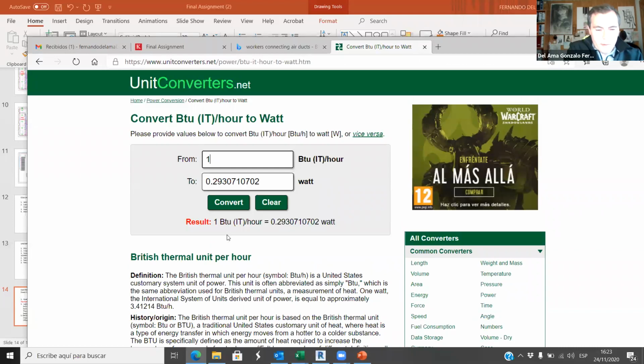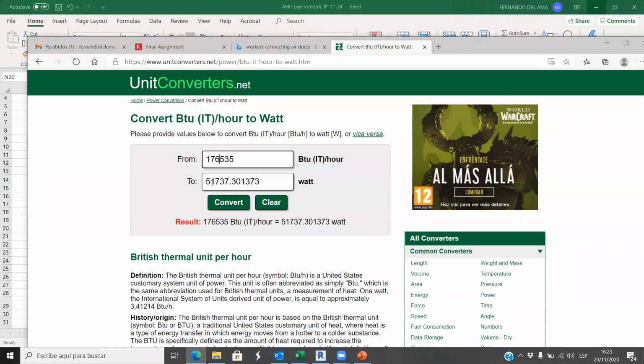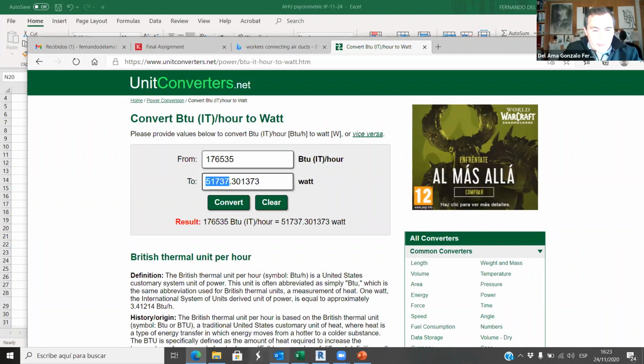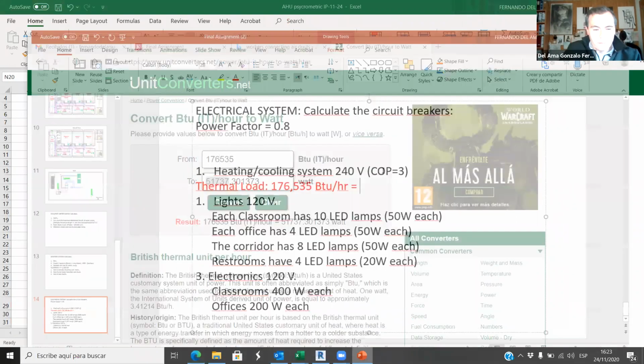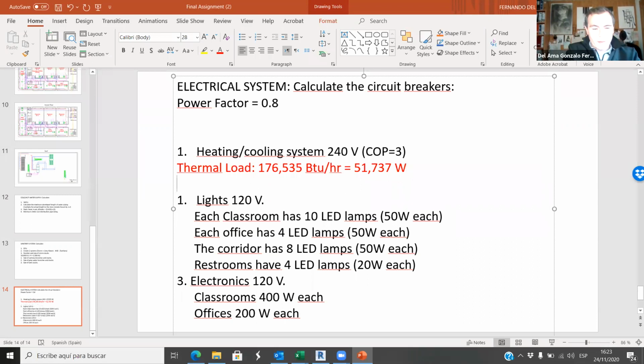So this is 176,535, yeah, 176,535, and the watts are 51,737. 51,737 watts.